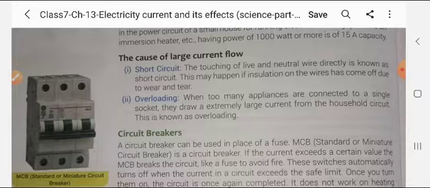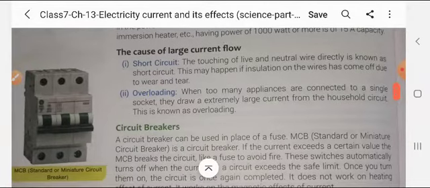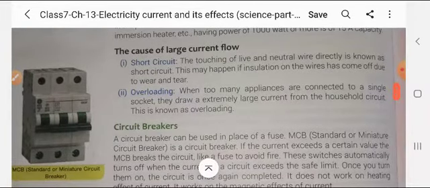So here I have explained, students, the causes behind large current flow: short circuit and overloading. These are the two main reasons for large current flow.